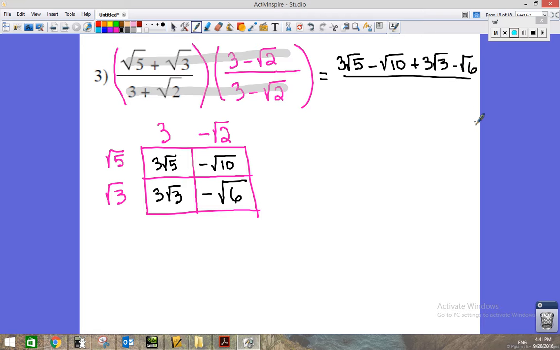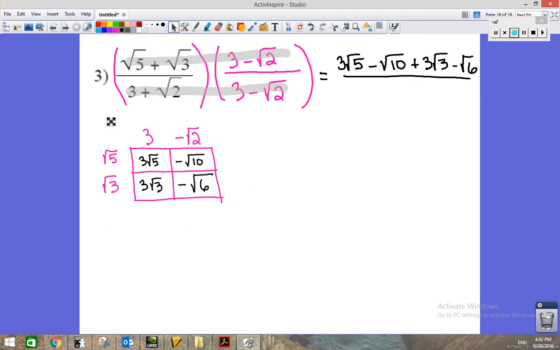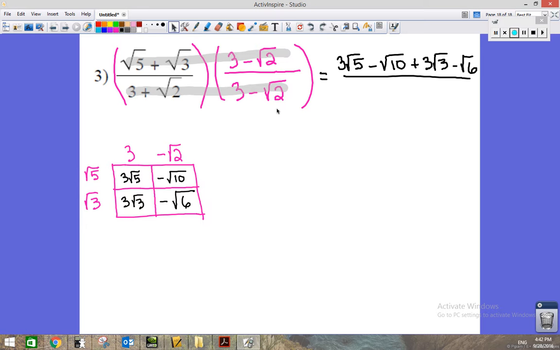So that's my numerator. Now my denominator is going to turn out to be a little bit easier to multiply because they're conjugates. We pick the conjugate because it will clear the radical. Right now we're breaking the rule. We can't have a square root in the denominator. When we multiply these together, these square roots are going to cancel and we won't have a radical in the denominator.